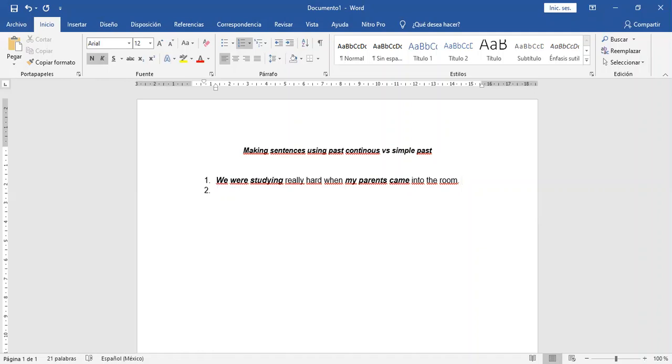Now we are going to make another sentence. I was sleeping a lot when the alarm rang. Okay? I was sleeping is the past continuous. The alarm rang is the simple past. Okay?